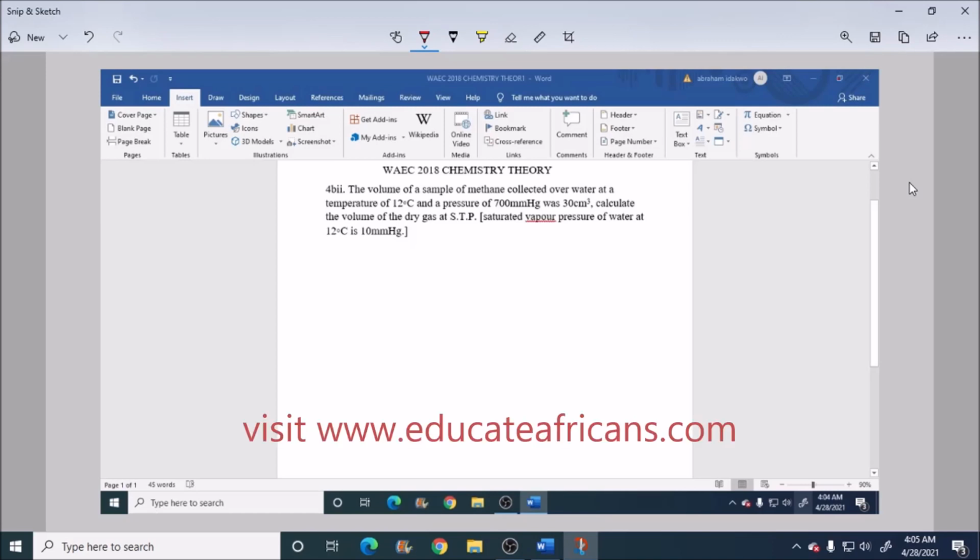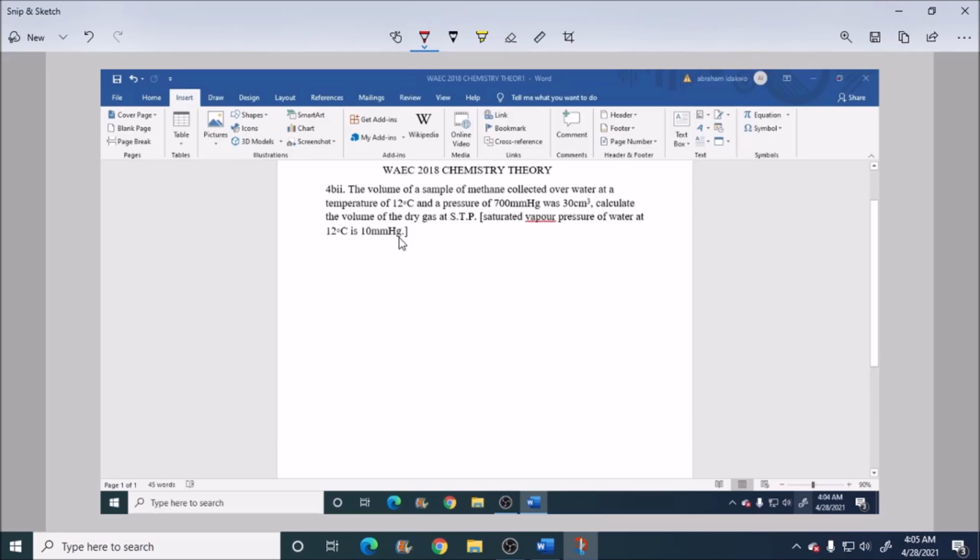Now let's solve this. So we have the volume of a sample of methane collected over water vapor. So we should know here that this gas is collected over water vapor, then it is likely to be saturated with water vapor.